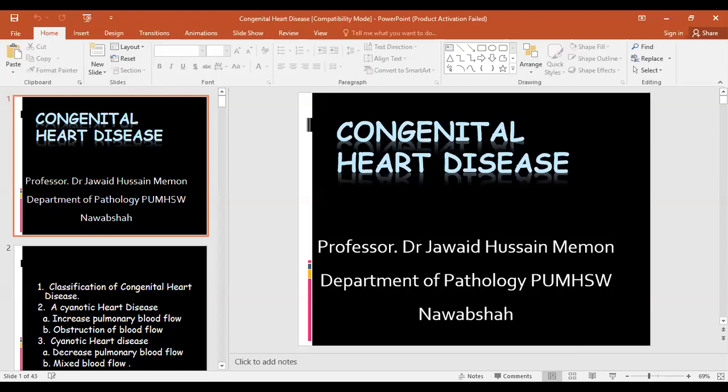Then patent ductus arteriosus. So they are the four main diseases.